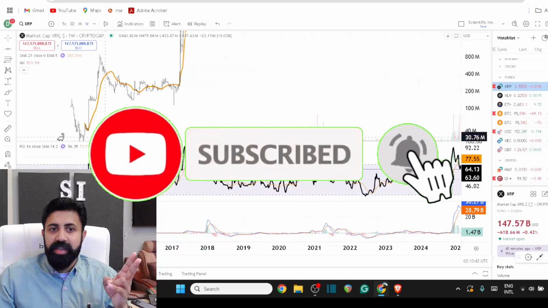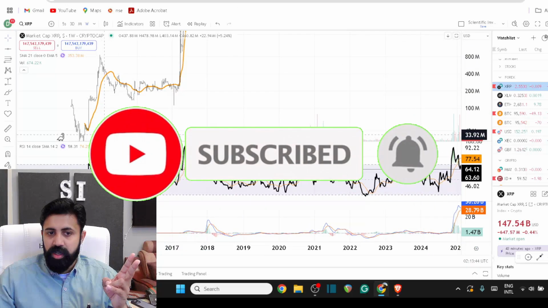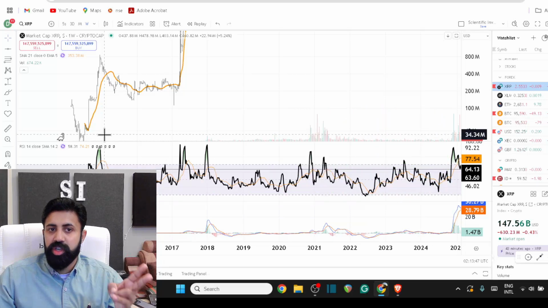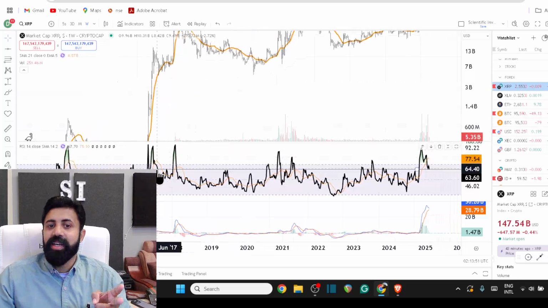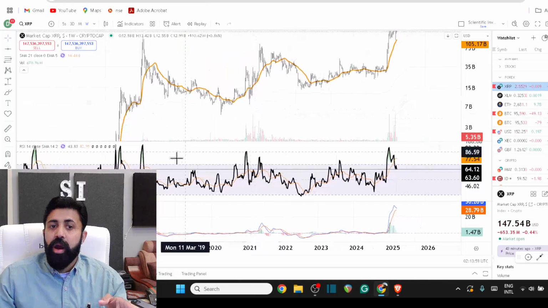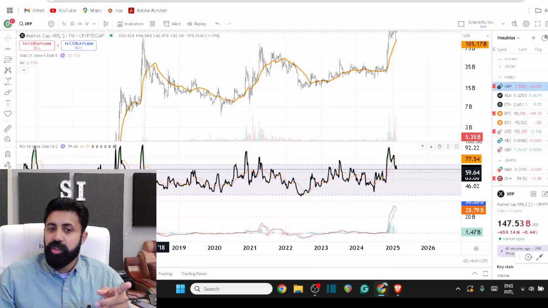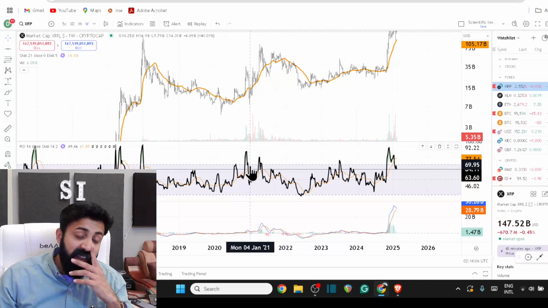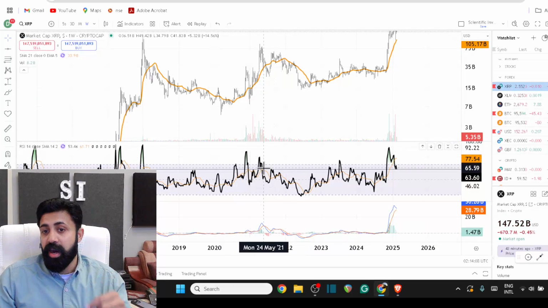Whether it is back in 2015, a break below the moving average was suggested by the RSI and then the price followed. Whether it is in 2017, a drop was confirmed by the RSI and then in price, or whether it's in 2018. All of these scenarios kind of highlight what the price action did following the RSI.